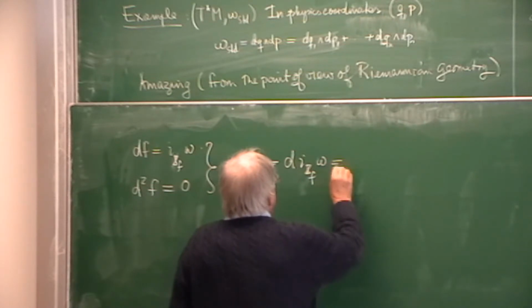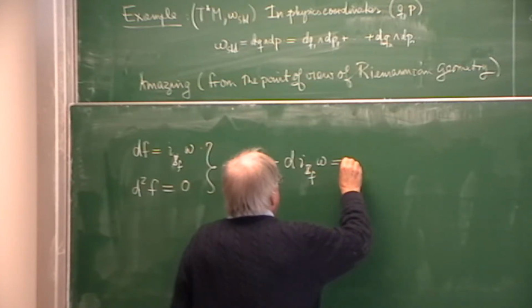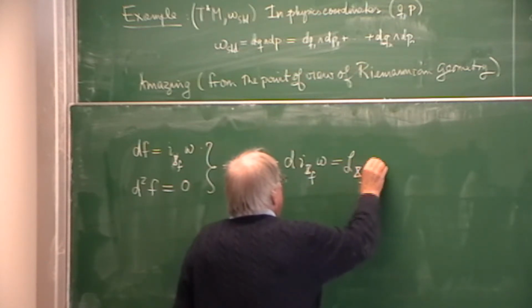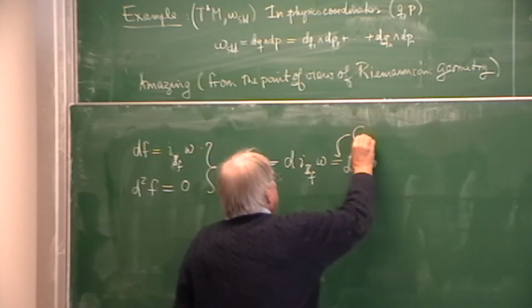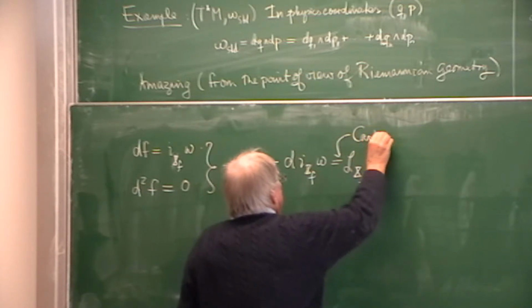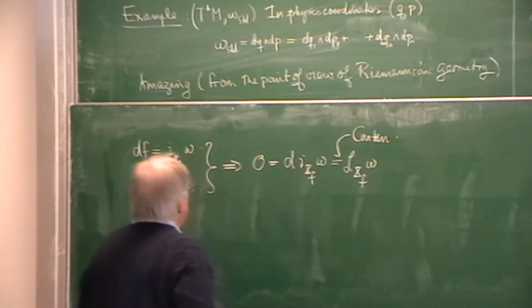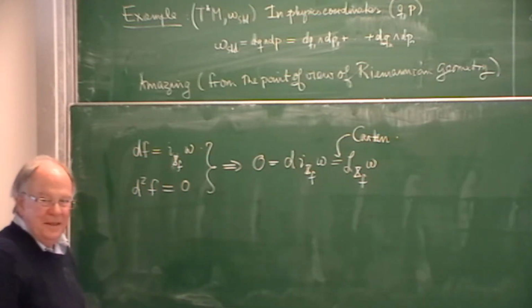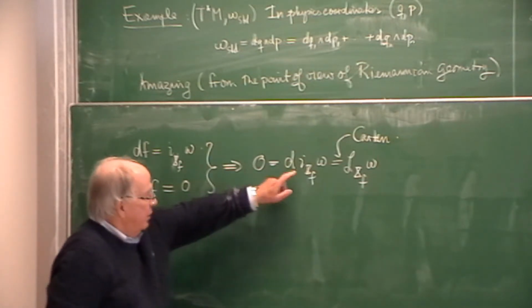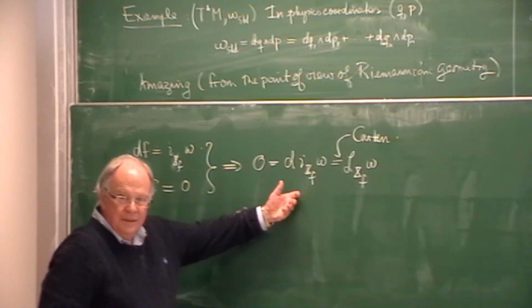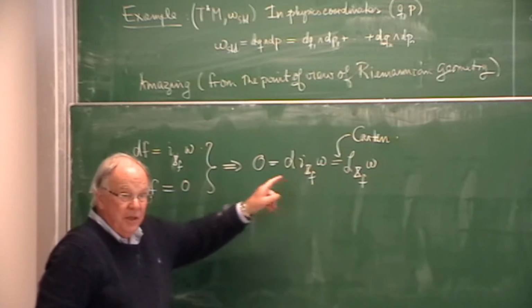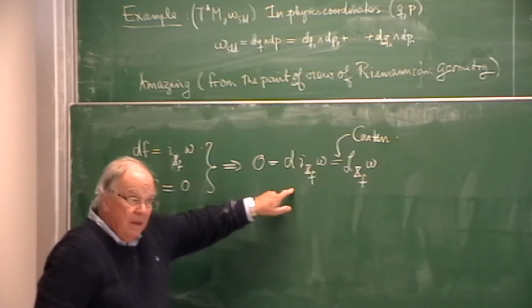This equals, let's see here, the Lie derivative of omega along X_f by Cartan's formula. You see why? So this plus the opposite, but the opposite is contraction with d omega.